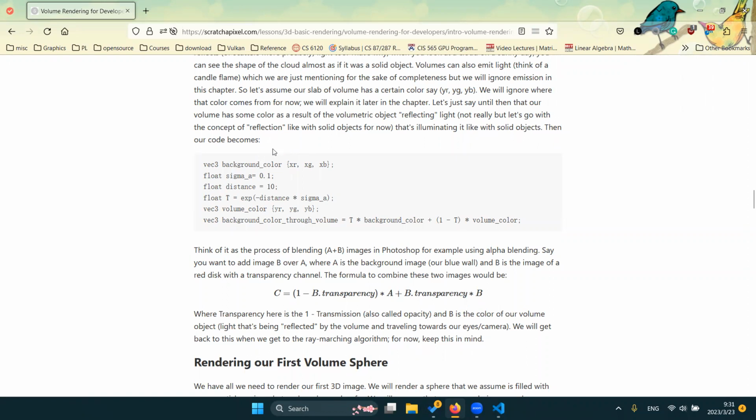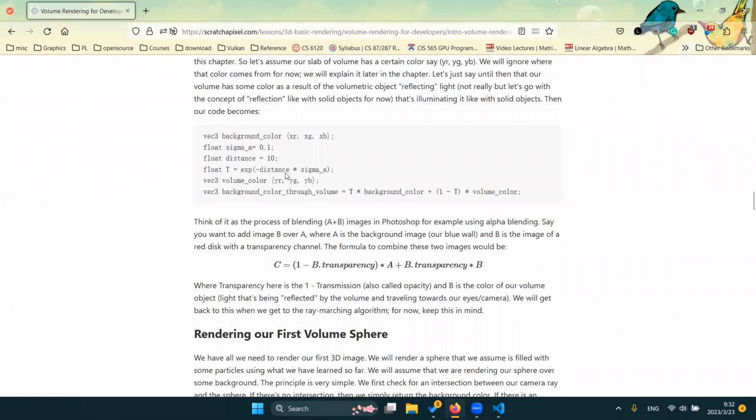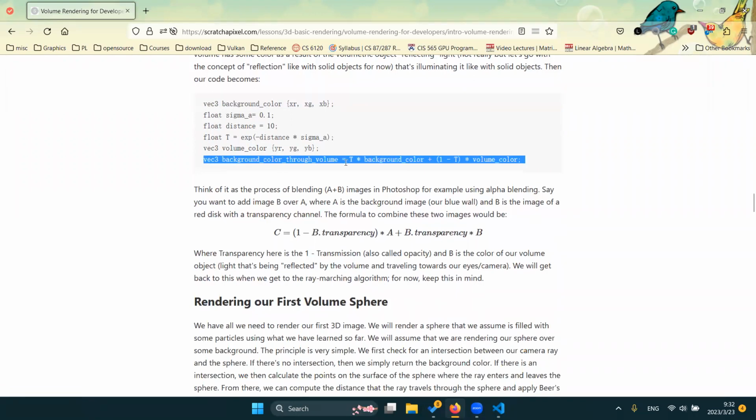So we basically add a volume color component and do the interpolation.